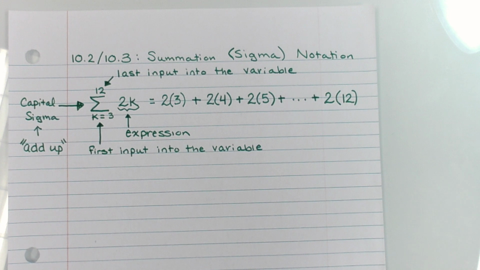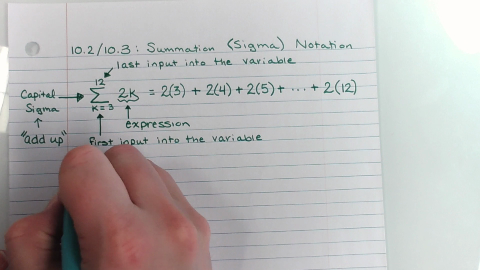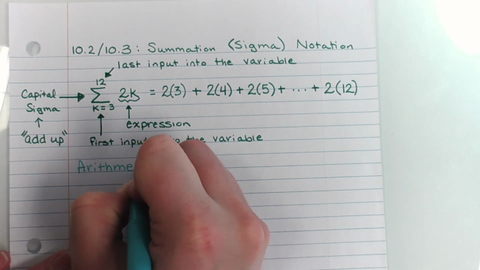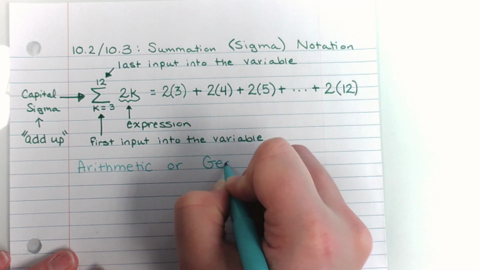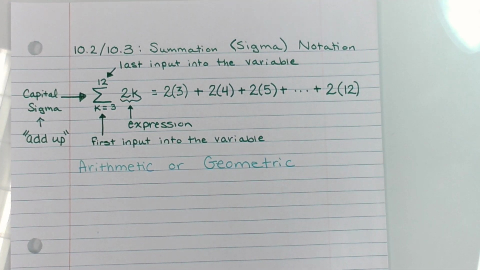Now, once we have that interpretation, how to actually approach the problem is no different than we've already been approaching series. Once we know how to interpret this, we're still going to ask ourselves, is it arithmetic or geometric? In this case, it is arithmetic, but I'm talking in general.